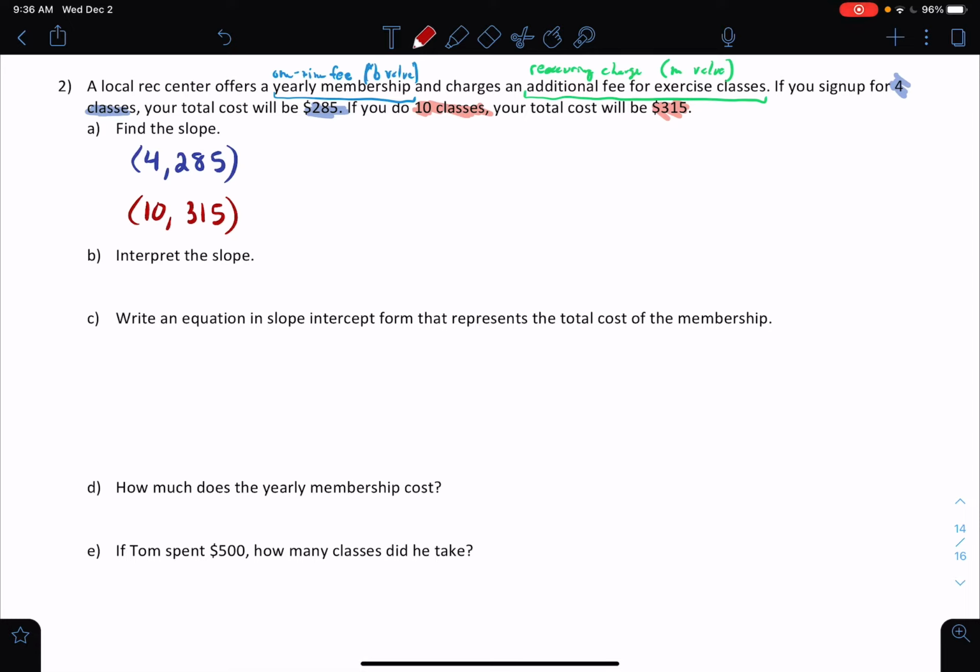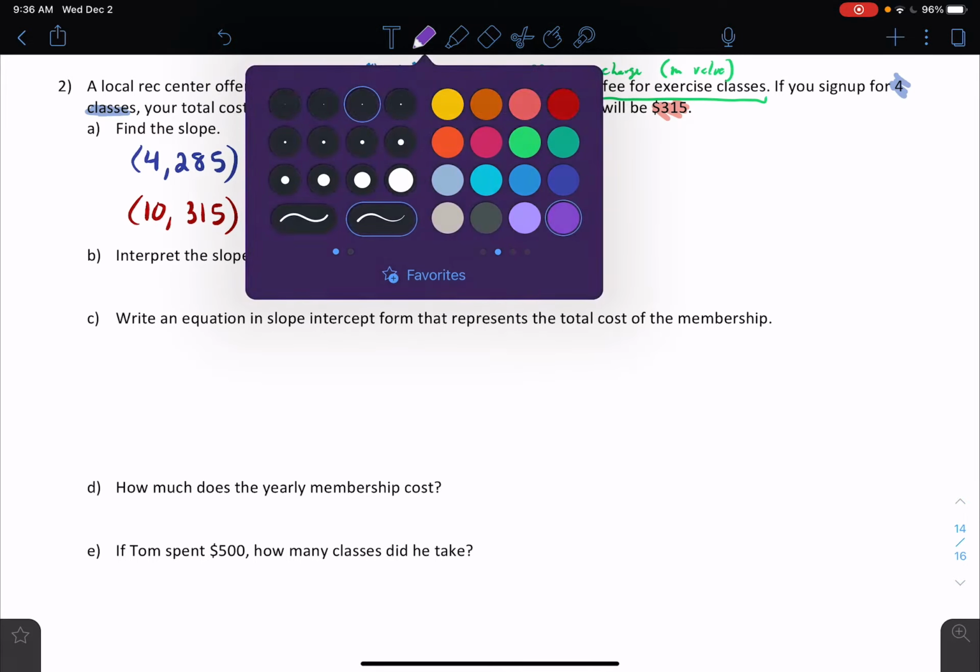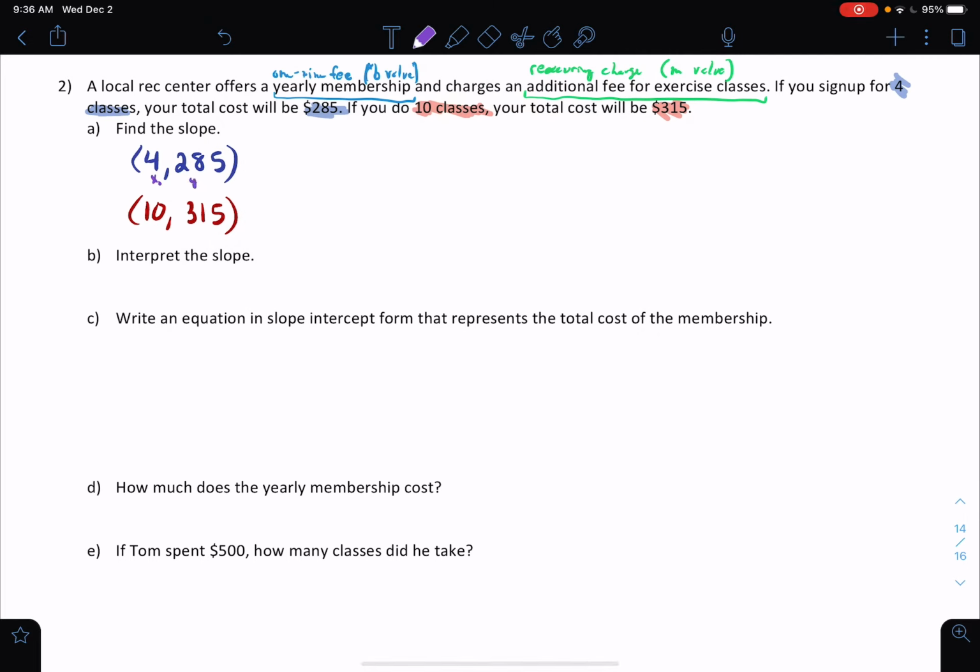Well, if we've got these 2 points here, we can calculate the slope. All right, this is like one of those problems where we had to write the equation of a line through 2 points. First thing we need is the slope. All right, so label these x1, y1, x2, y2.